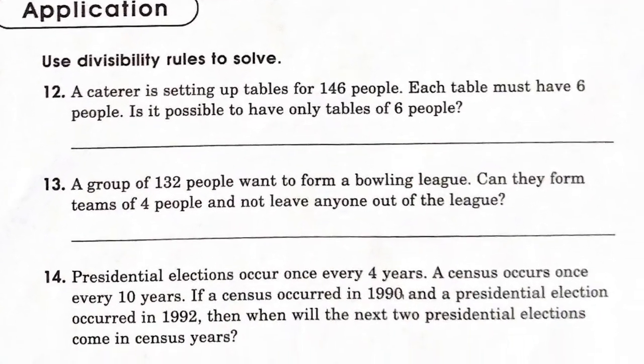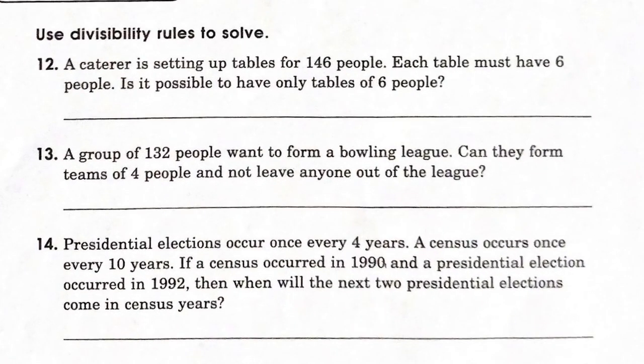Now, when you get down here, it's the same thing, only this time you have word problems. So it says the caterer is setting up tables for 146 people. Each table must have 6 people. So I'm going to write 146 divisible by 6 equals. Well, the rule for 6 is that it has to end in an even number.